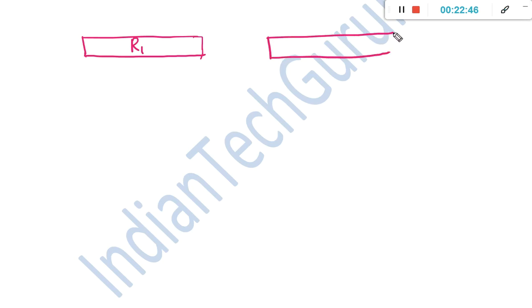Similarly, we can represent registers in diagrams in different ways. For example, if I want to represent a register R1, I may represent it like this. R1. What does it mean? Register R1 occupies some space. Sometimes we may represent it like this, where we specify how much space it is going to occupy.